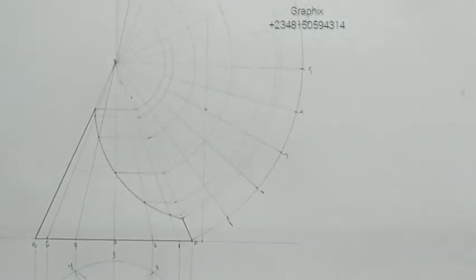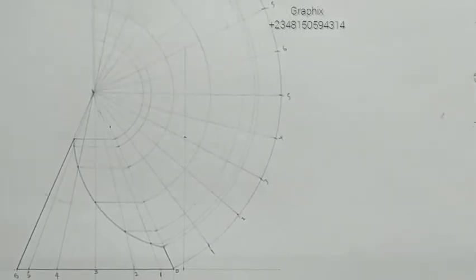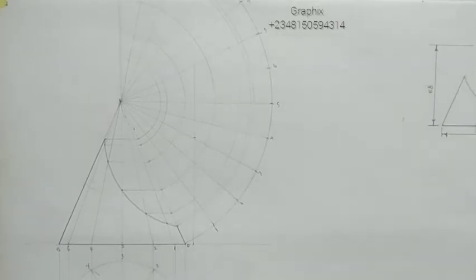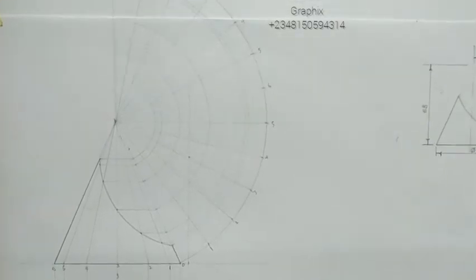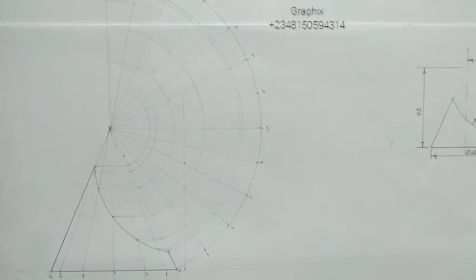Just to make things easier for us, from that point, if this is point 0, now this is 1, right? And if 1 moves, 1 is going to meet 1 here.